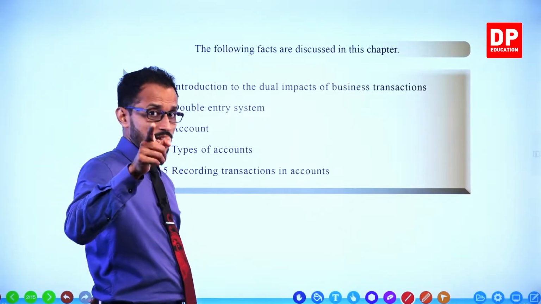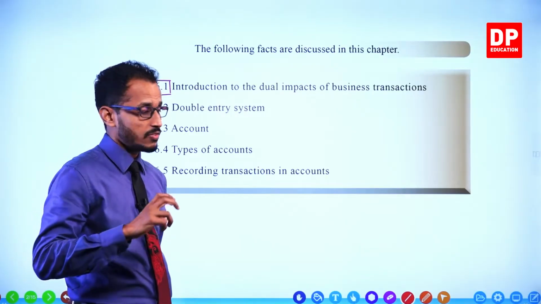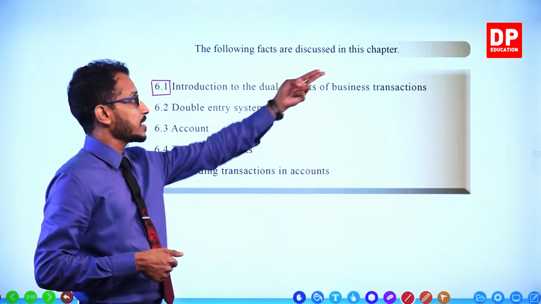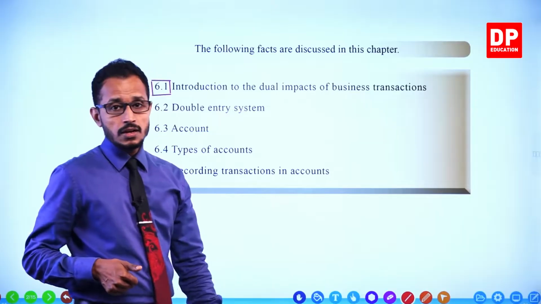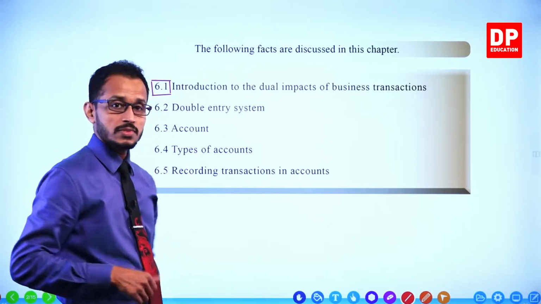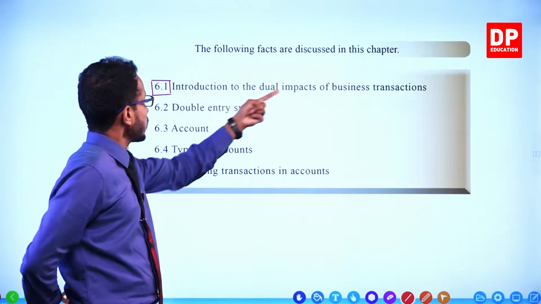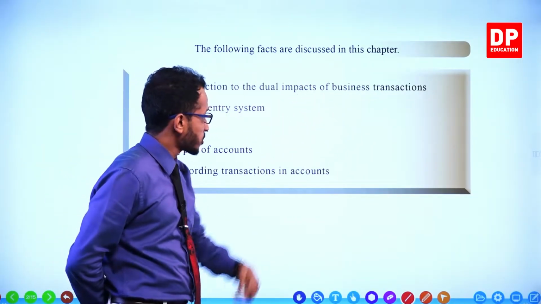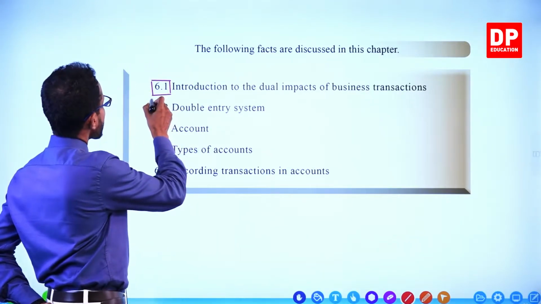That's what we learned in the previous session, and we recorded those effects with amounts under the accounting equation. I'm happy that you remember, children. So again, we take a look at the dual impacts of business transactions and something new right here.